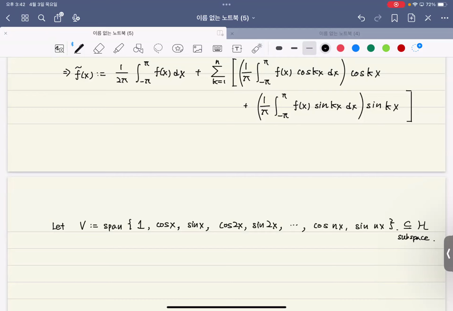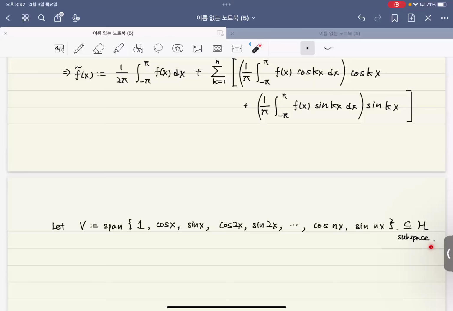But there is a big difference in the number of basis vectors. Last time we talked about the orthogonal basis of this system, and the number of basis vectors was infinite, so I say this is an infinite dimensional vector space. On the contrary, this one has only finitely many basis vectors, so this is a finite dimensional vector space, a finite dimensional subspace contained in the infinite dimensional vector space.